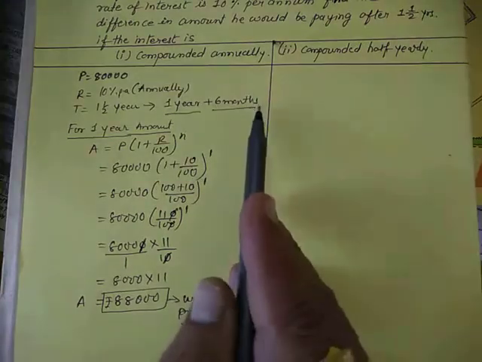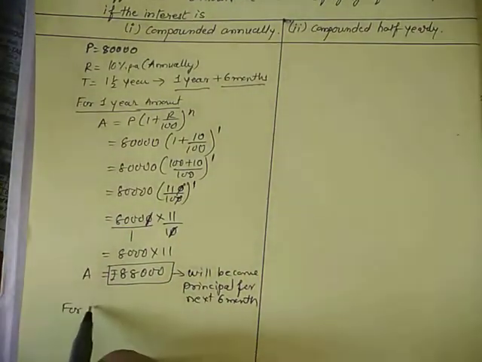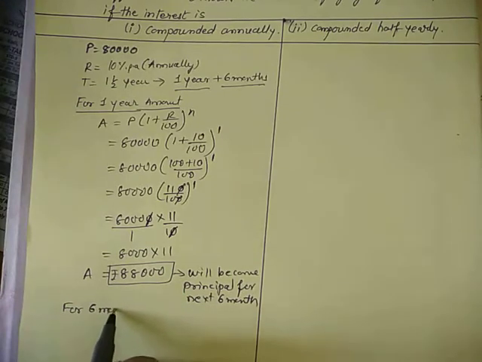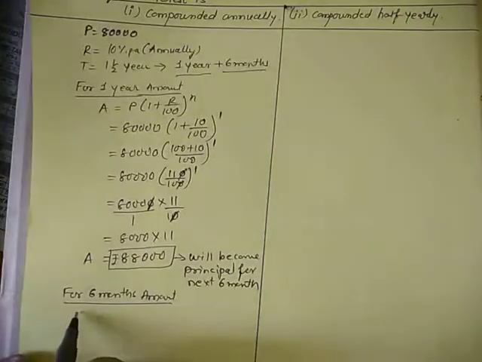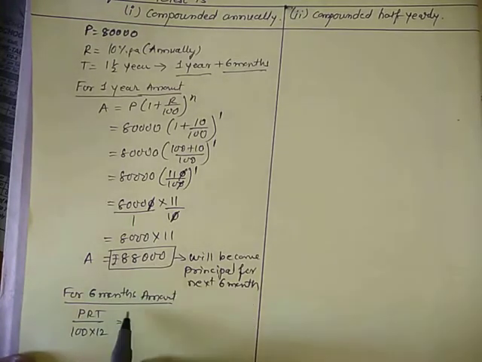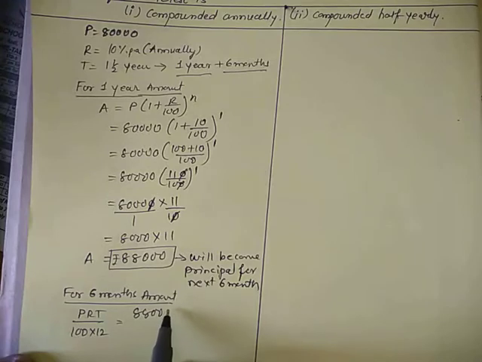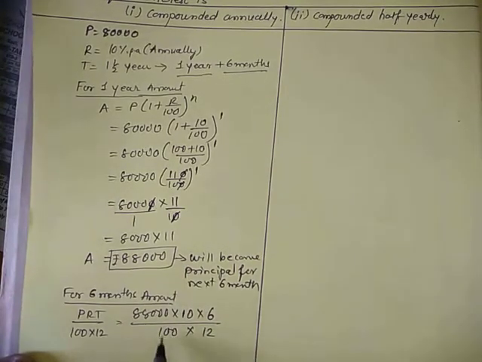Okay, 6 months still we want to calculate. So for 6 months we will find the amount. So PRT upon 100, multiplied by 12 because it is month. So this will be the principal for the next, into percentage is 10 and 6 months means 6 by 12 and upon 100.